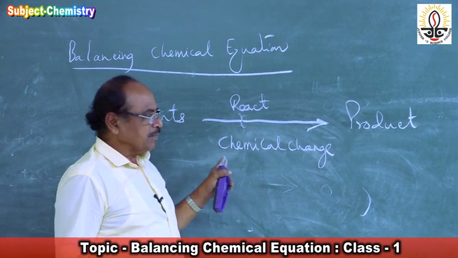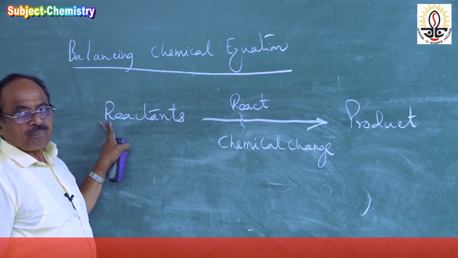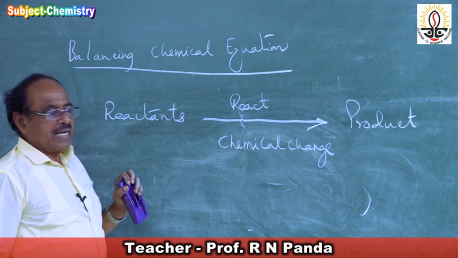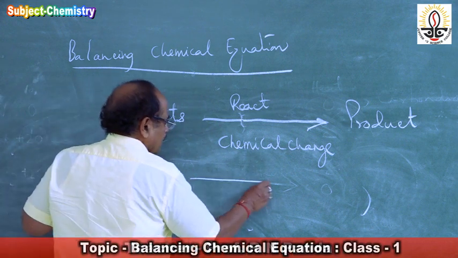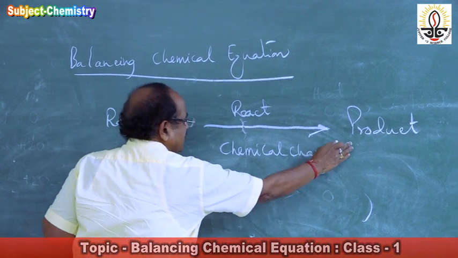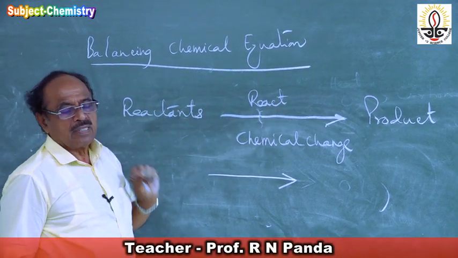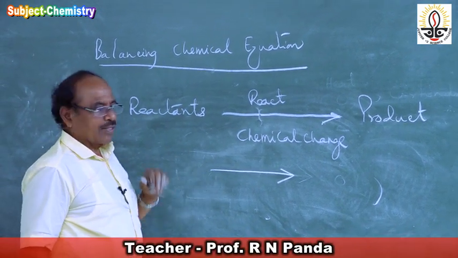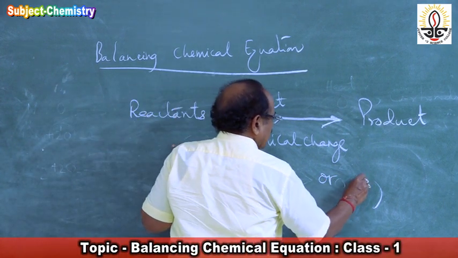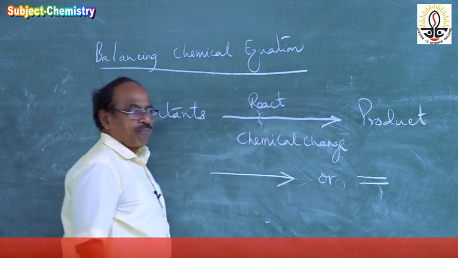And so what is different? Always the reactant is written on the left hand side. The product is written on the right hand side, and there is an arrow mark. This was there and this has become this now. So we write an arrow mark, or we can also write an equal sign.